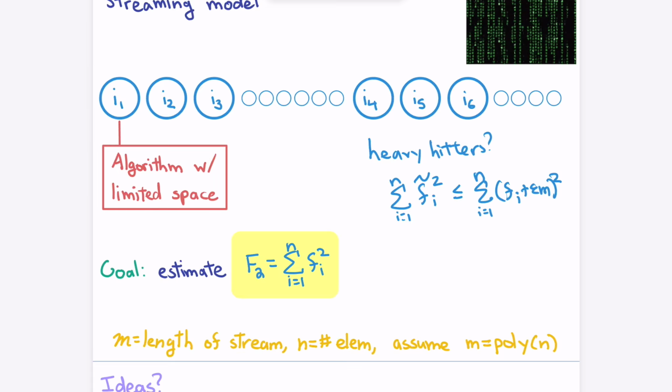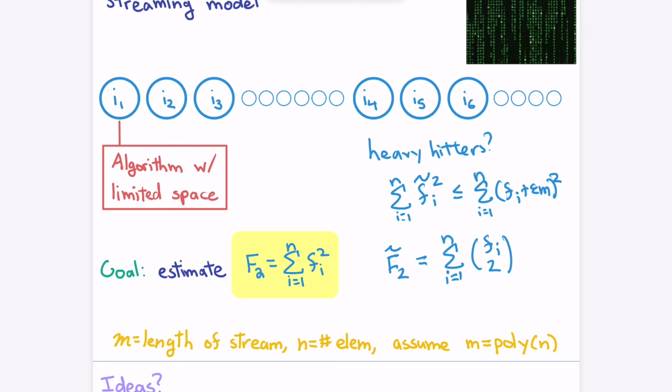So at some level, this is kind of a cute idea. Fi choose two, or I guess it can just be Fi squared. Then we can try to sample two distinct indices that correspond to the same element.